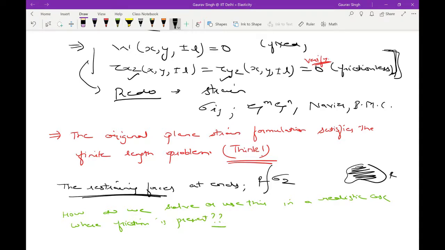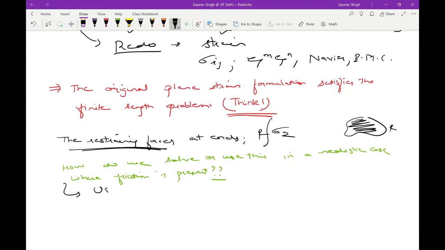What you will do is you will use the same with Saint Venant's principle. Clearly the boundary condition will be different, but the solution far away from the boundary points will approximately be the same. So that's how you can use this formulation even in a case where friction is present.